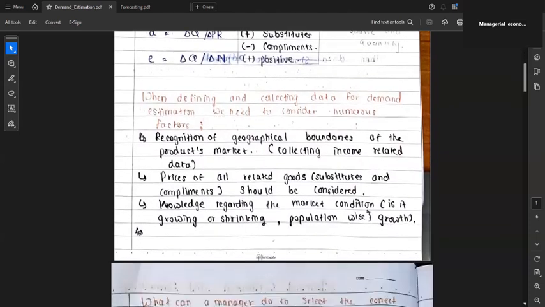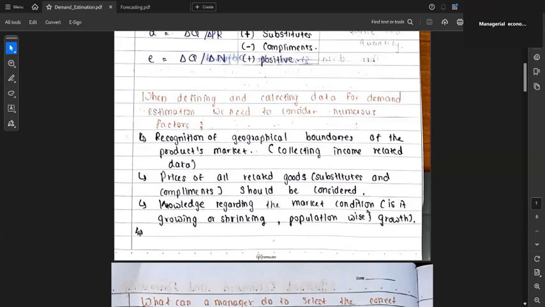Okay. So when defining and collecting data for demand estimation, we need to consider numerous factors. First, recognition of the geographical boundaries of the product's market. Certain products have information related to those products, maybe the income information. So depending on geographical factors, they may change.